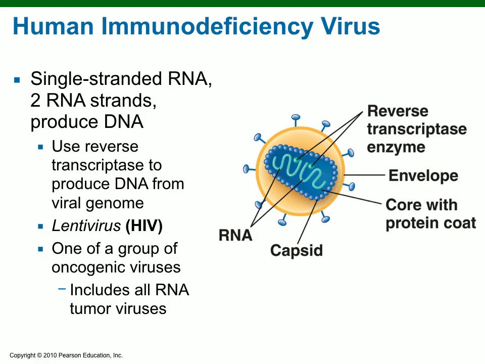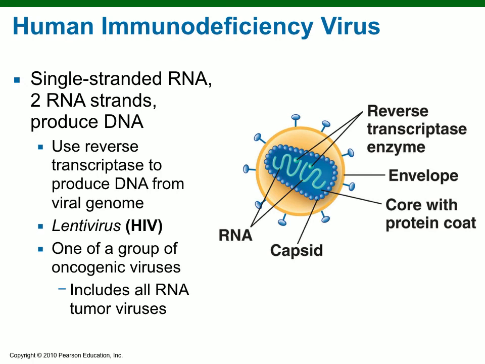So human immunodeficiency virus has two single-stranded RNA molecules that produce DNA, and that's done with reverse transcriptase. The virus also has the enzyme integrase that helps it integrate into the host genome, and protease, which cuts the proteins into the right size.